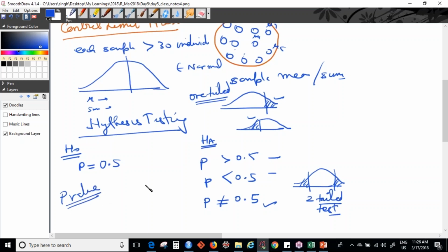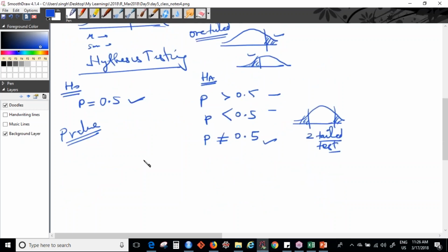What is a p-value? Assuming your null to be true, you find the probability of the alternative or more in its direction, and then you calculate the probability, which is known as the p-value. So if your p-value is low, you reject your null hypothesis.